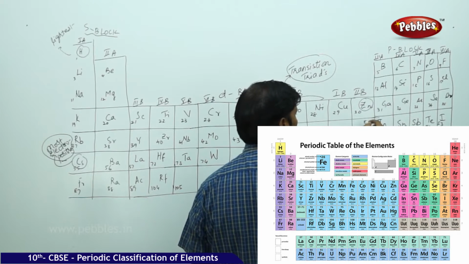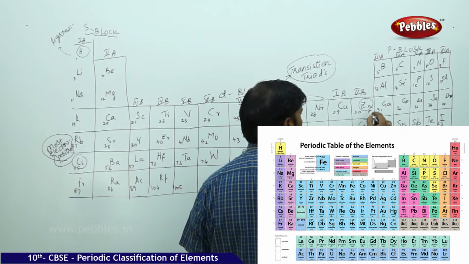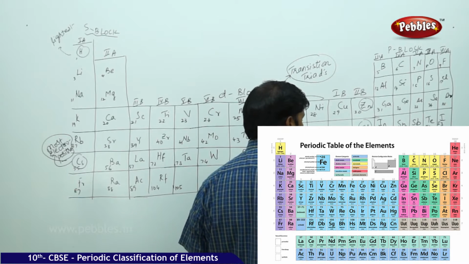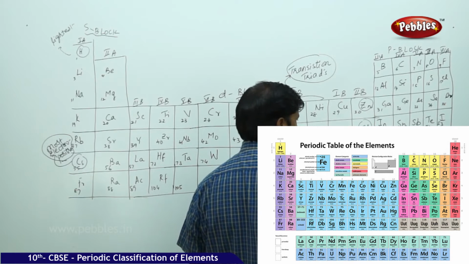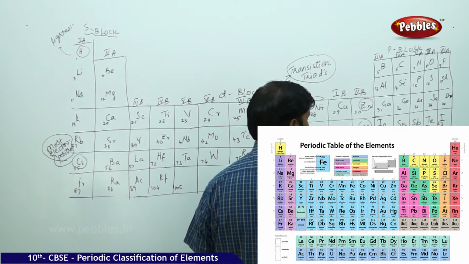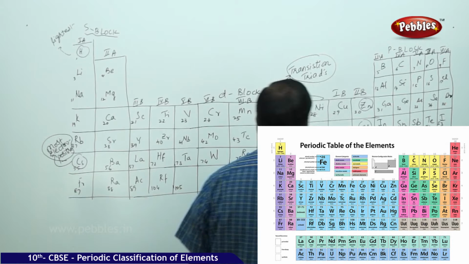Zinc, cadmium and mercury: mercury is the only metal that is liquid. Mercury is the liquid metal.